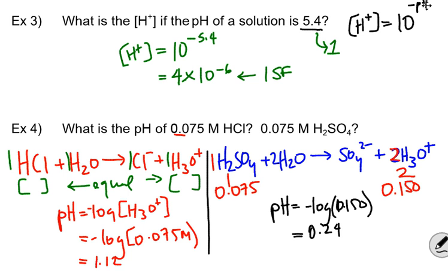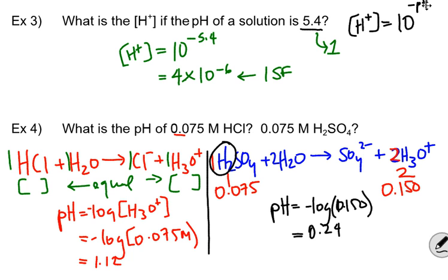So you can see that my pH of the exact same concentration of sulfuric acid is actually a lot more acidic than my concentration of HCl, and that's because I have 2 hydrogens in every molecule.